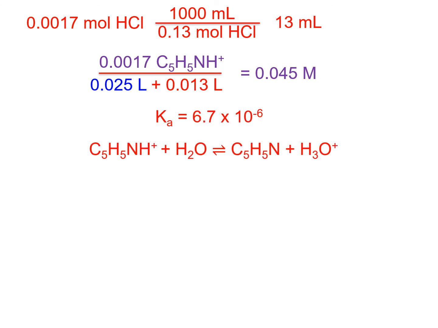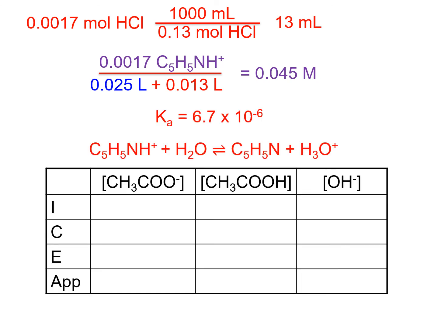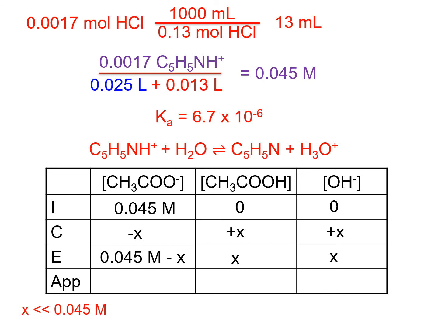I'll need to use my Ka in order to use my ICE table. I can go ahead and put in my molarities. I know that we're going to be going towards the product, so I'll see that my x's are increased on the product side, decreased on the reactant side. I can see from my Ka that it is small enough that we can use the approximation.